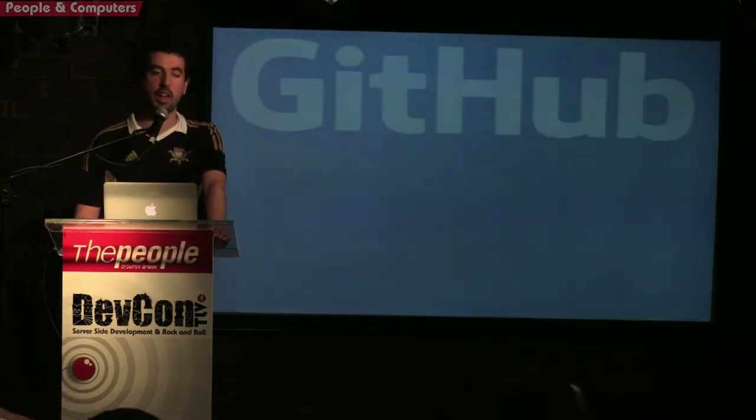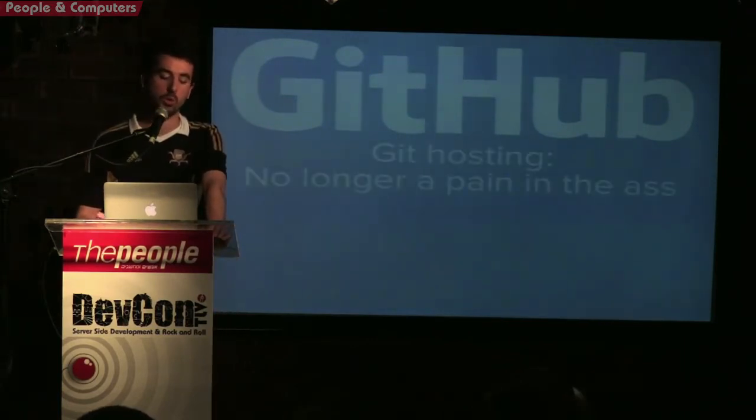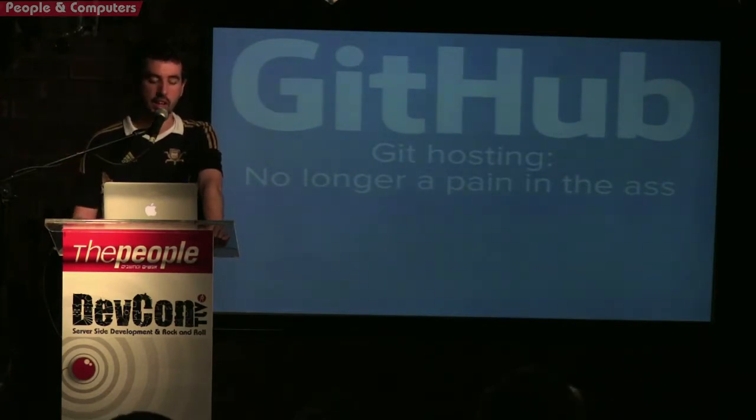Since the early days, I don't know if you remember this, GitHub launched with a very, very humble approach. The first version of GitHub, when it was still in beta, had this slogan that says, "Git hosting no longer a pain in the ass," which is a slogan I really like. It feels sincere, honest, realistic, but it could be even more sincere.